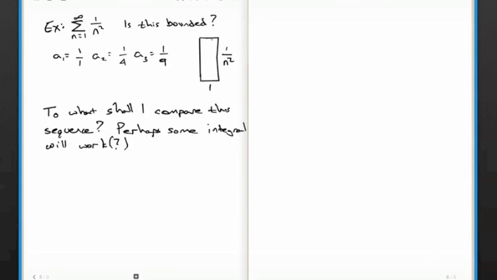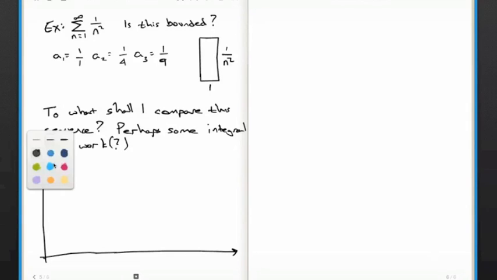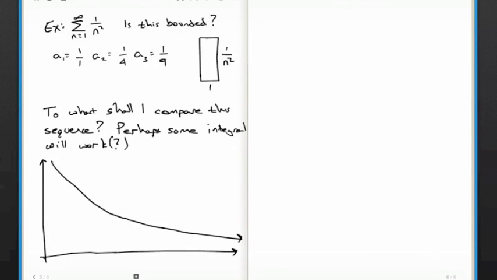So I'm going to draw a picture. Yeah, I'll draw it here. This will work. So my one-axis will look like this, and my other axis. If I knew how to use this better, I could make those perfectly straight lines, but I don't. And I know that this function looks something like this. It's kind of decreasing in that sort of way.